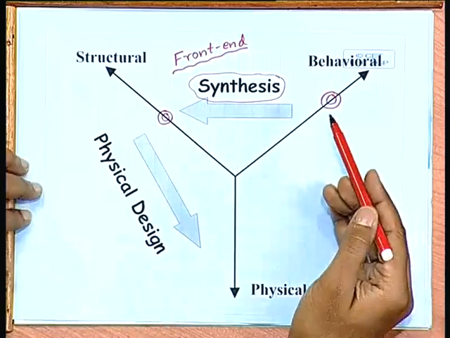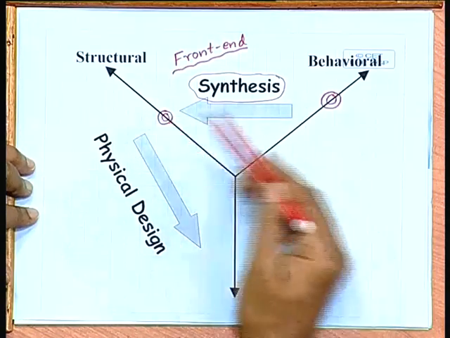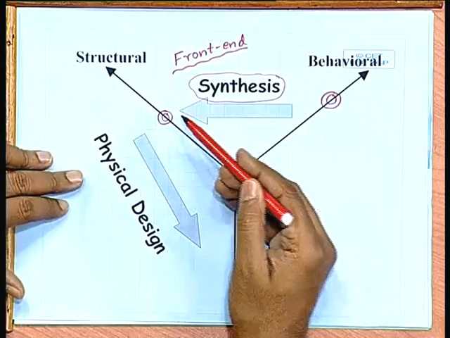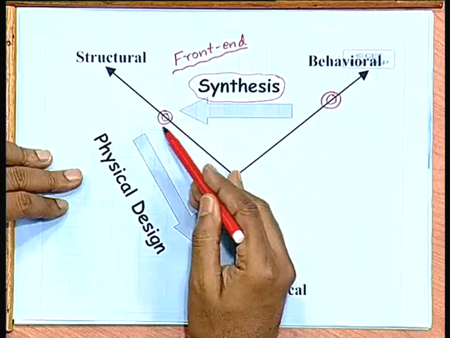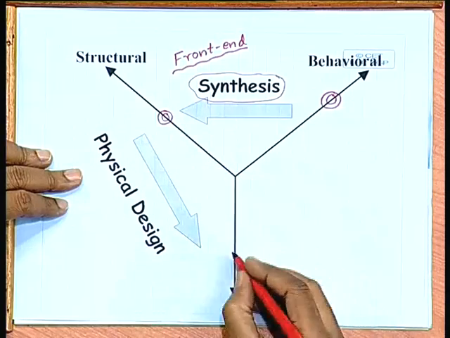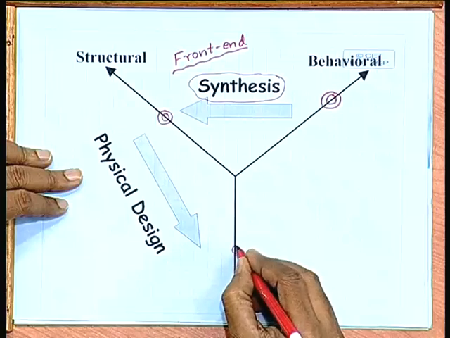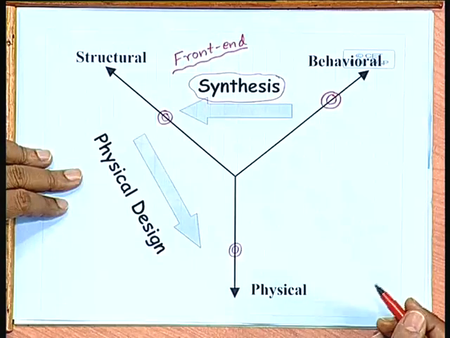Well, now once we have this structural view of a design, the next step is to map it into the implementation level. For example, if it is an interconnection of transistors, that will have to be mapped into a corresponding level which will mean the layout on the floor of the silicon.